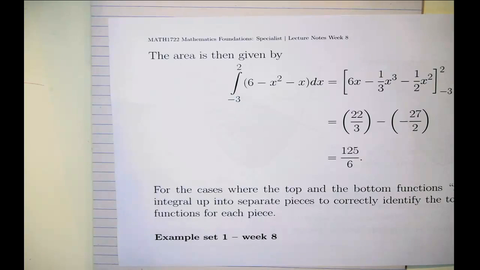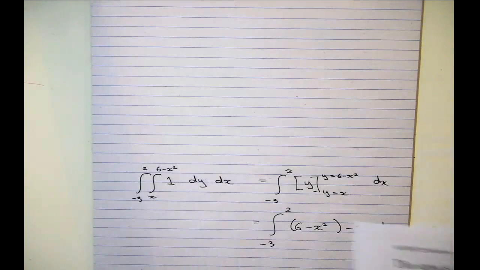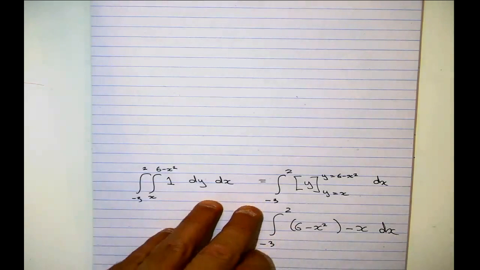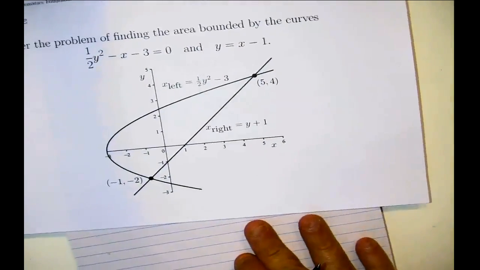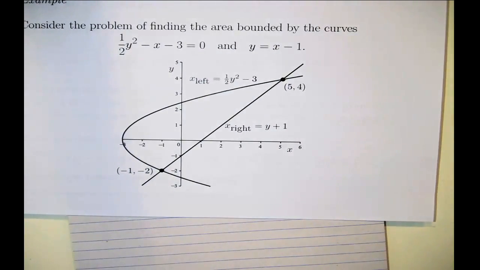The advantage of doing this as double integrals is now we have the freedom to do this two ways. For example, if I asked you back in single variable calculus to work out the area bound by the curves, a half y squared minus 3 and y equals x minus 1, this isn't pleasant.